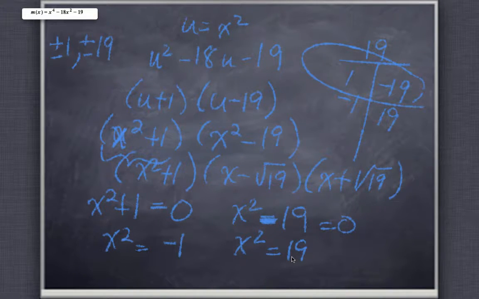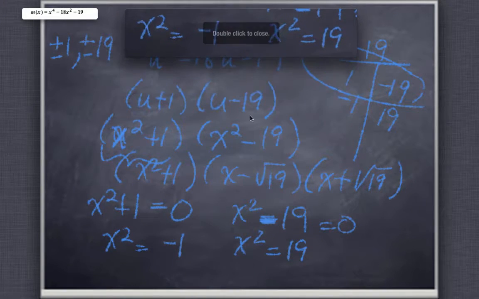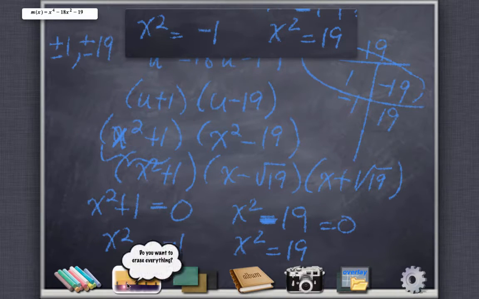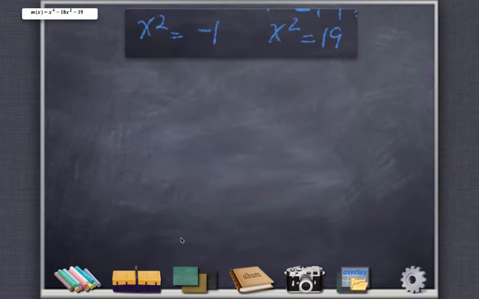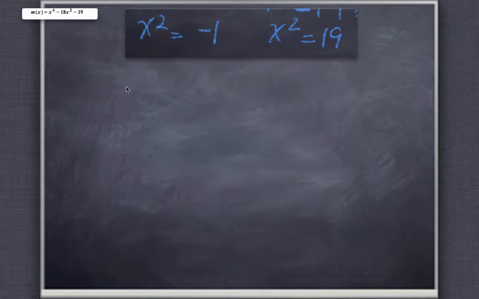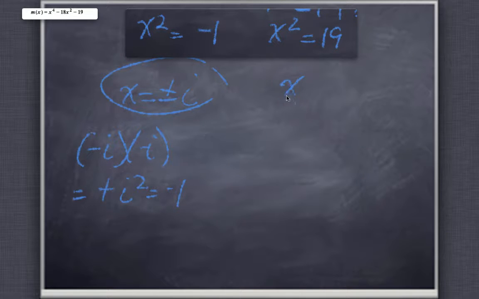And then from these, the thing which, when squared, you get negative 1 is i, but it's actually plus or minus i. If you do minus i times minus i, then the minuses still cancel, so you get plus i squared is negative 1. Okay, so this is plus or minus i. This one gives you plus or minus root 19.